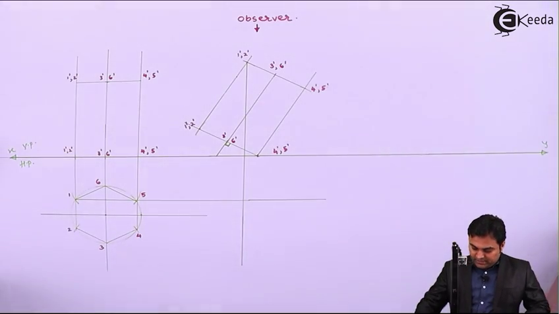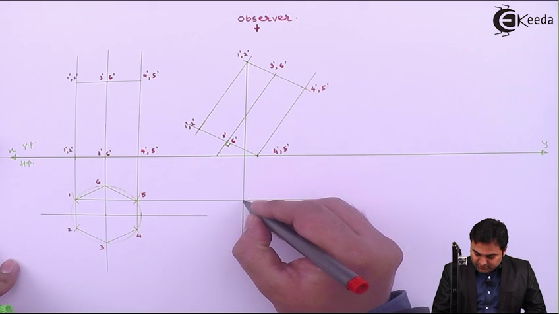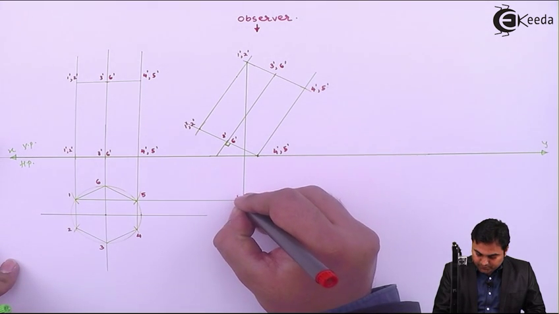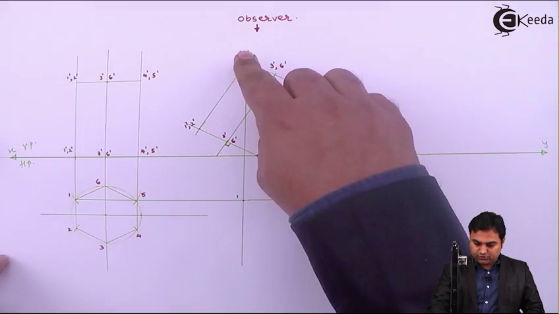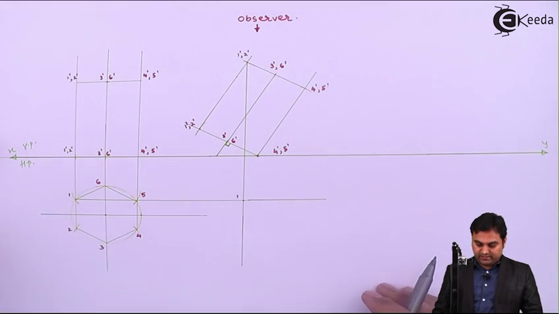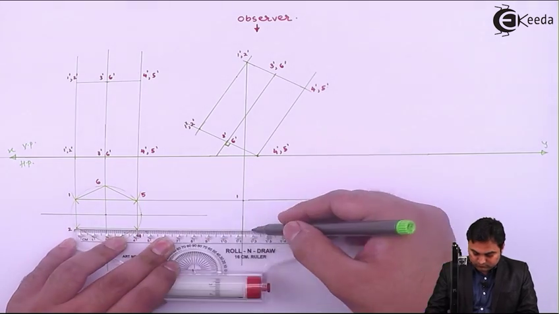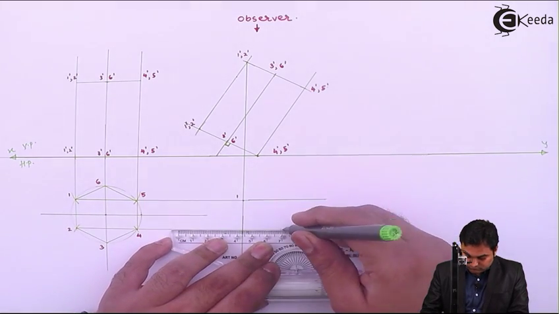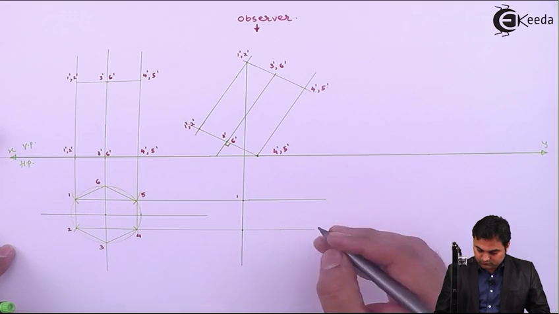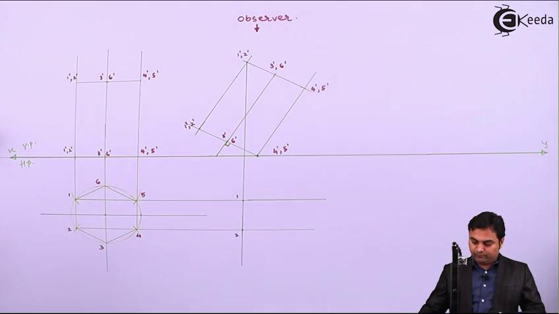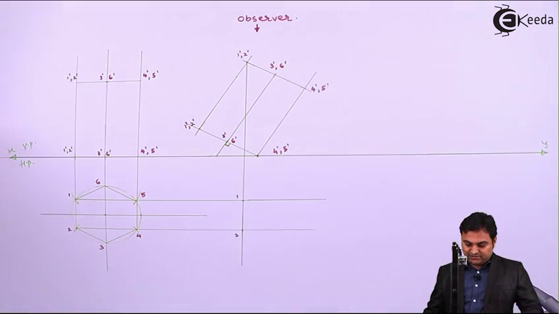So 1 and 1 dash where they intersect, that will give us the point 1. Next 2 is also on the same line. So here we have point 2, then 3 6.